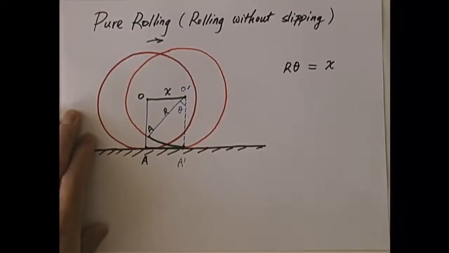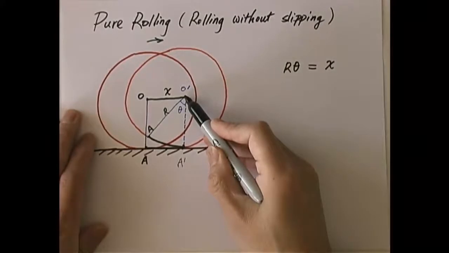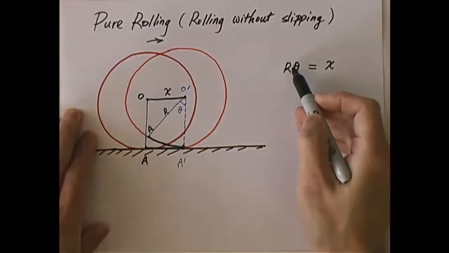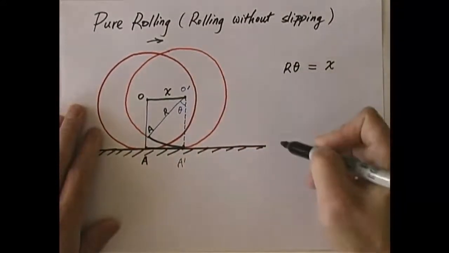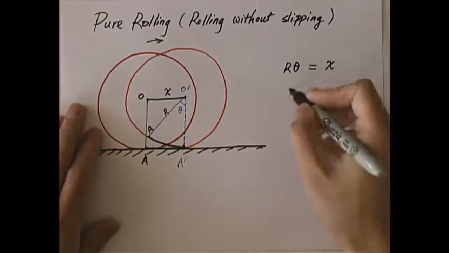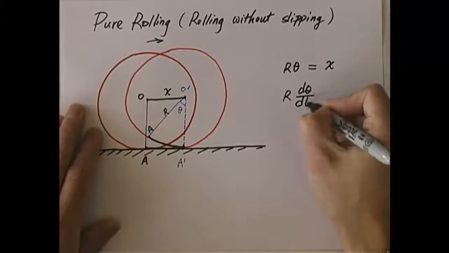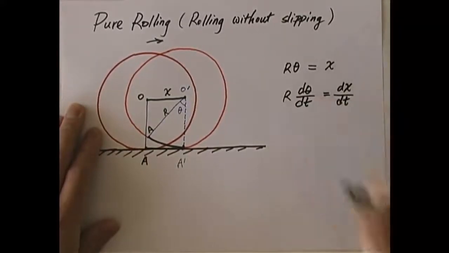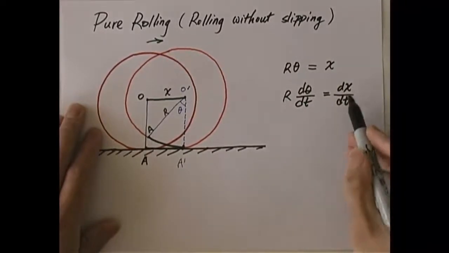Suppose I take a time derivative of both sides. Remember, r is the distance between the center and the perimeter. It's just the radius, so r does not change. x is the distance moved, and theta, of course, also changes. So when I take a derivative, r does not change, and I have r d theta dt equals dx dt. What is d theta dt? Isn't that omega, the angular speed? What about dx dt?